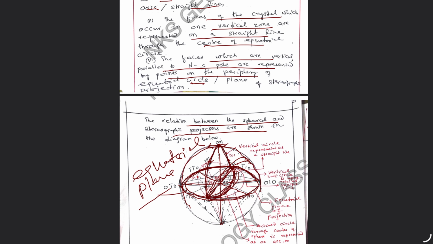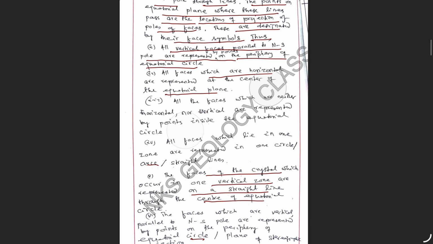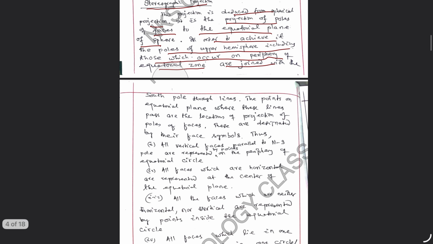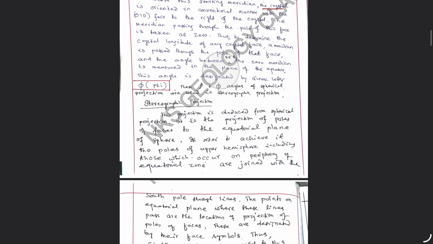In this zone, the faces which are vertical occur because they are parallel to this polar axis. So they will be represented along the periphery of this. This relation has been shown here. Let me make it more clear.